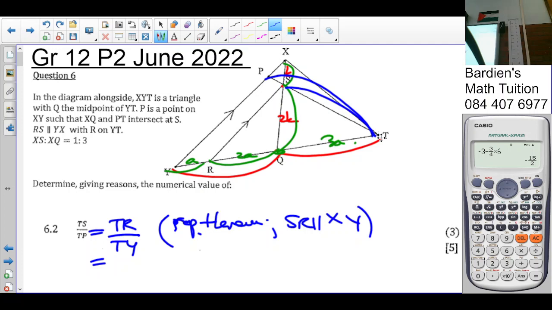TR of course is going to be 3a plus 2a is 7a over 8a, which is 7 over 8.